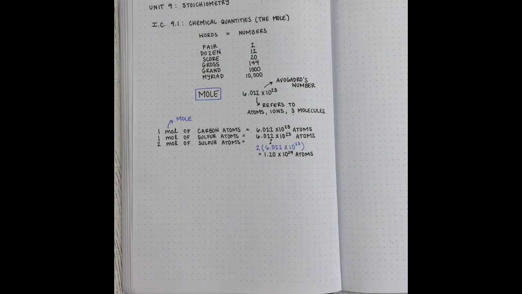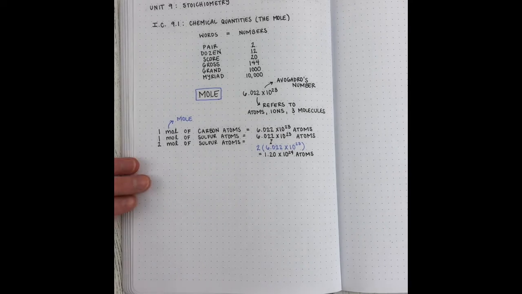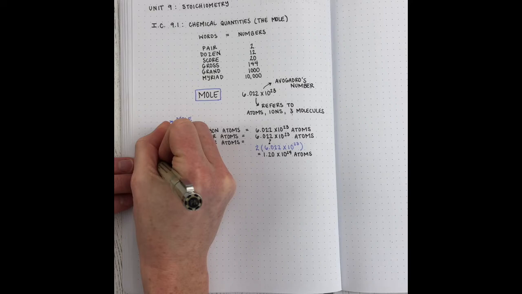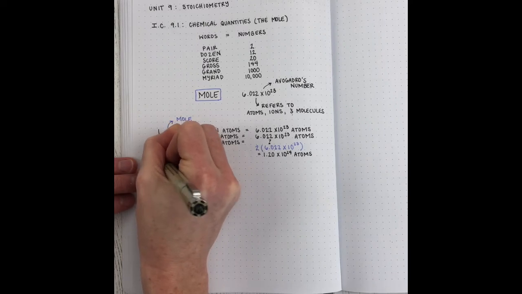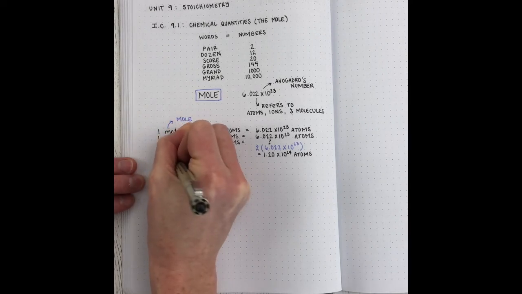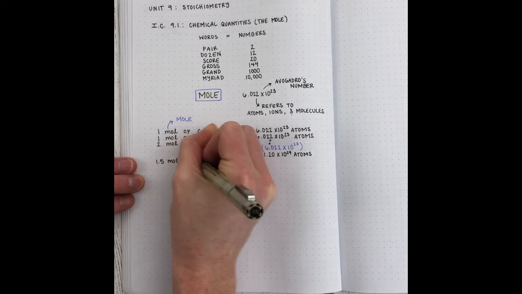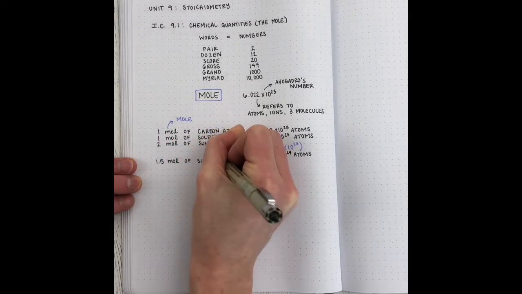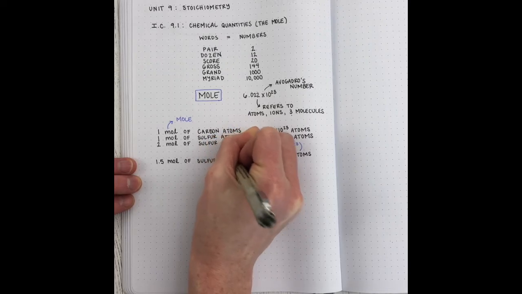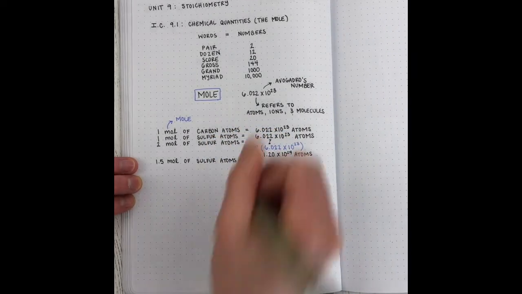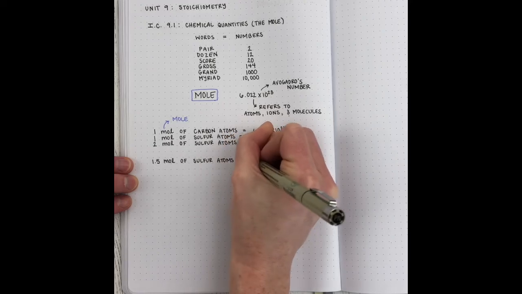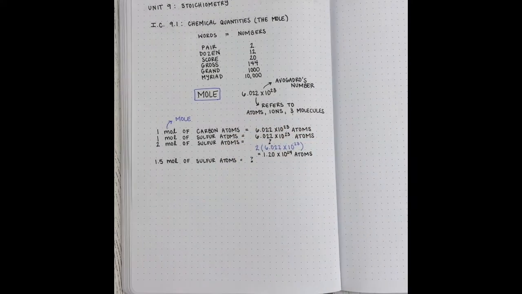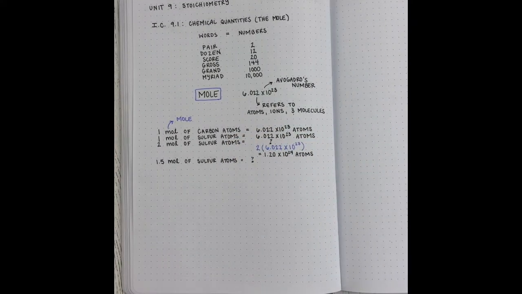So this would just be like if I said I'd like 2 dozen donuts. That's 2 times 12. If I want 2 moles of sulfur atoms, that's 2 times 6.022 times 10 to the 23rd. We can use even more complex numbers, like 1.5 moles of sulfur atoms. The equation doesn't change. Our method of solving this doesn't change. So think about it.